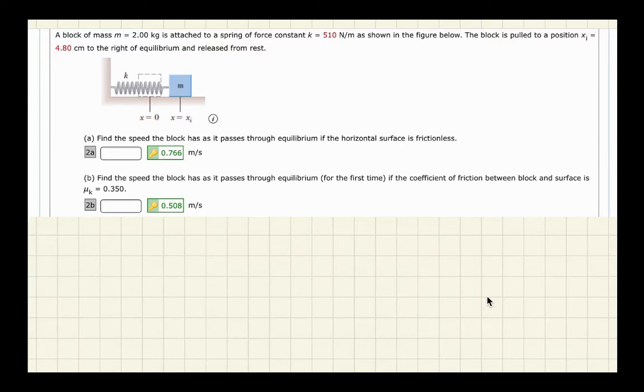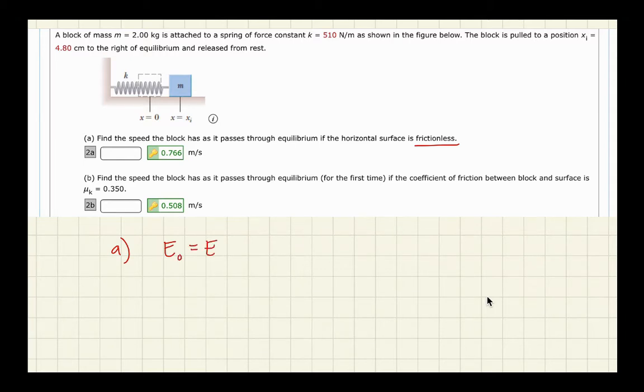New problem here, we have a spring. So for part A, we're asked to start with the spring compressed, and then we are releasing it so that it passes through equilibrium, and we have a frictionless horizontal surface in the beginning here. Now, in a frictionless system, we have conservative forces.